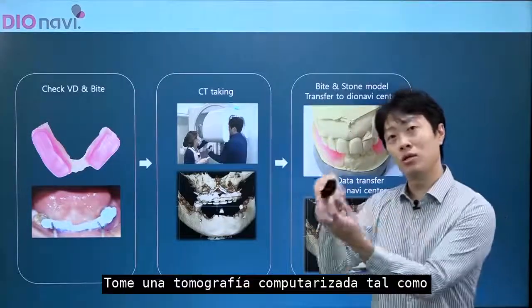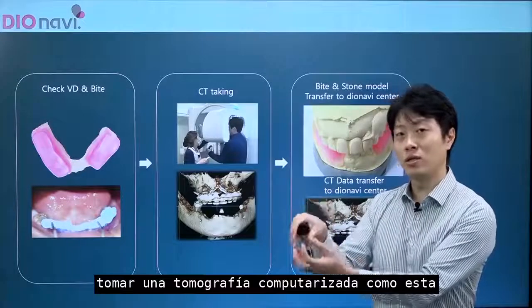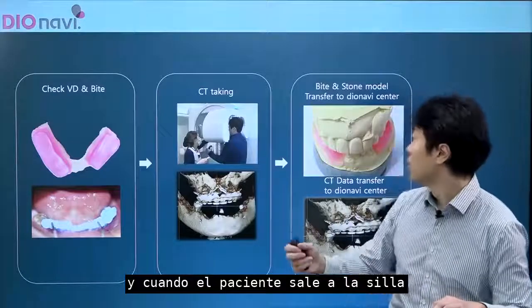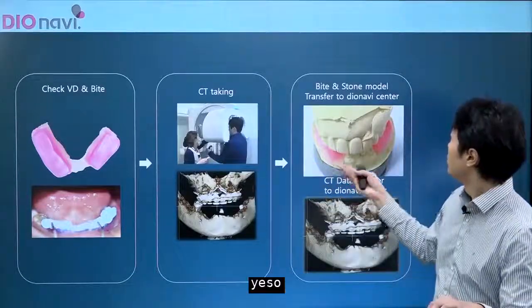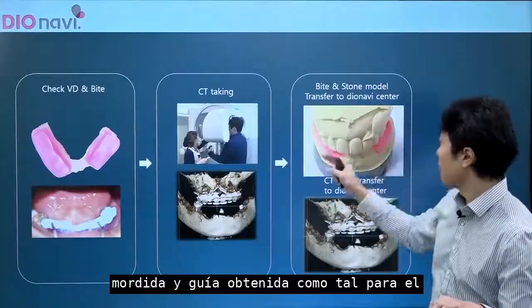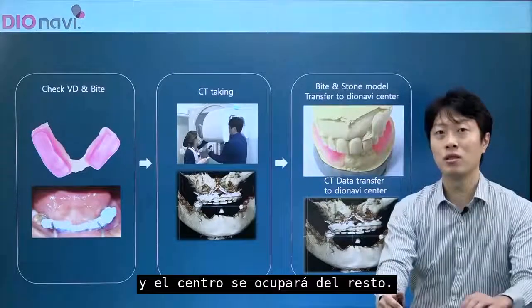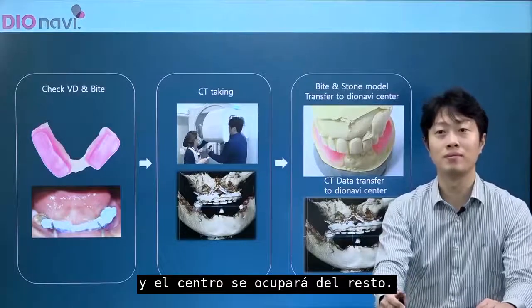Take a CT scan as it is. Take a CT scan like this, and when the patient comes out to the chair, send the stone model, bite, and guide obtained as such to the DIOnavi center, and the center will take care of the remaining procedures.